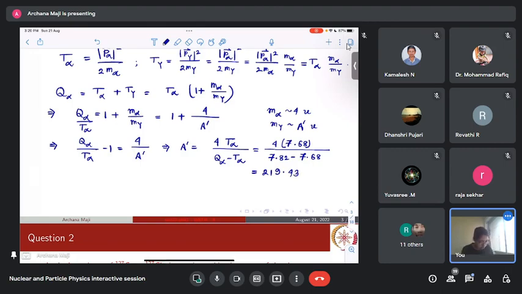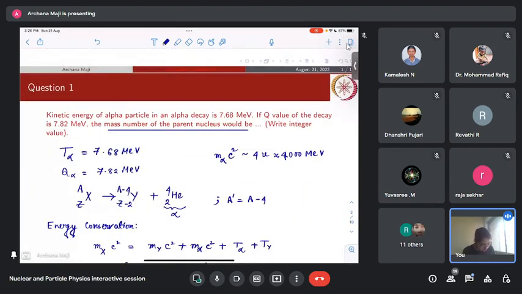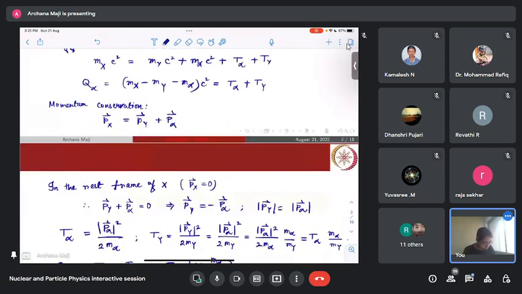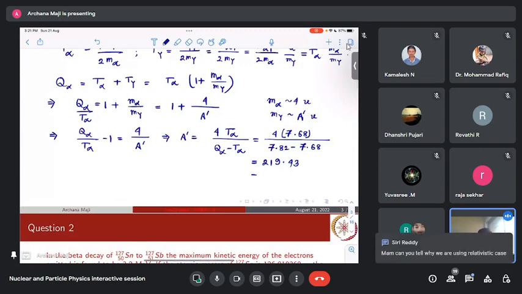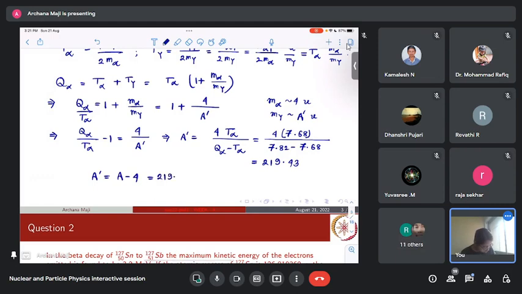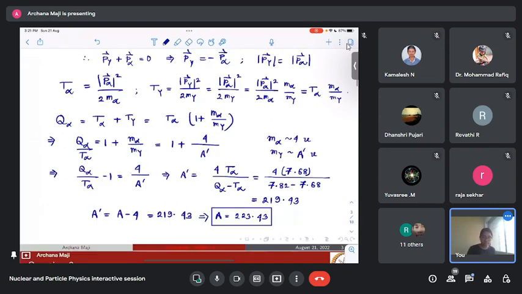So this is A prime. We need to answer the mass number of the parent nucleus, so that is A. A prime is A minus 4, so this implies A is equal to 4 plus this quantity, so 223.43.